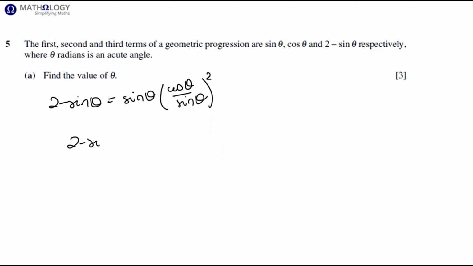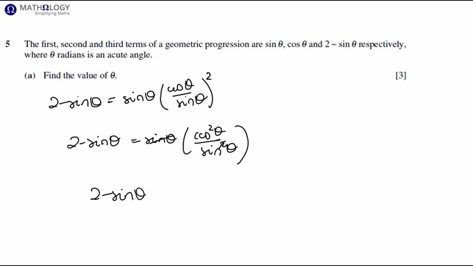So 2 minus sine theta equals sine theta times cos squared theta over sine squared theta. That sine will cancel with one of those. So 2 minus sine theta equals cos squared theta over sine theta.